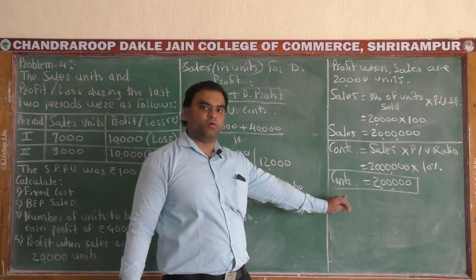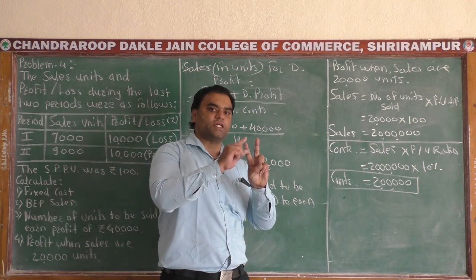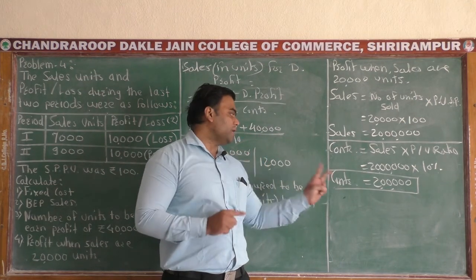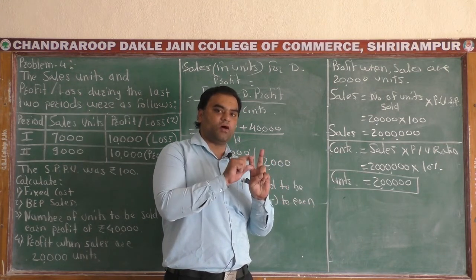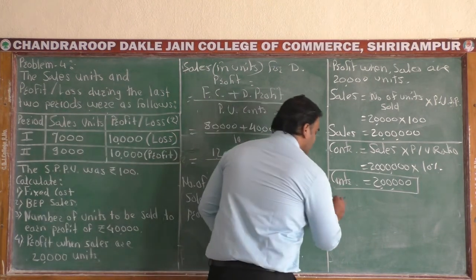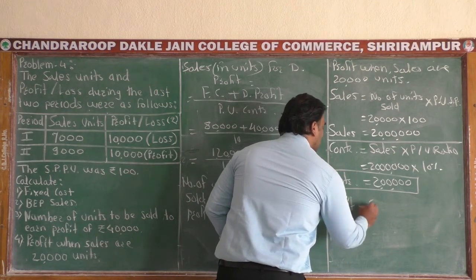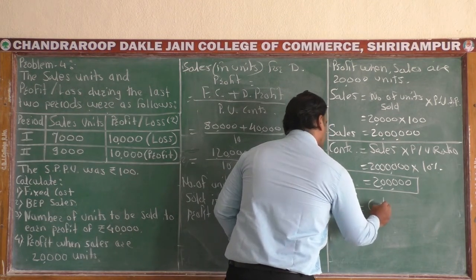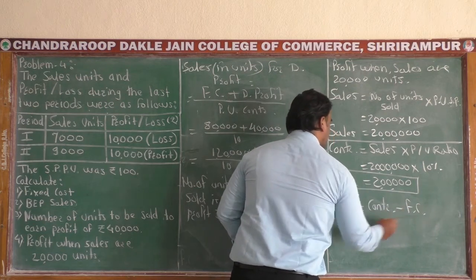So we have the amount of contribution. Contribution is the sum of fixed cost and profit. That contribution is 2 lakh. If we deduct the amount of fixed cost, then profit will remain. So profit is equal to contribution less fixed cost.